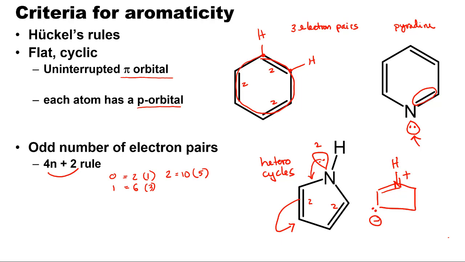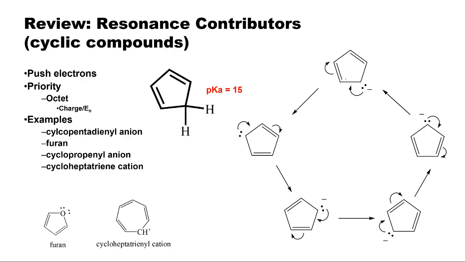And the general rule is if you can draw a resonance structure that contributes one electron pair, not two, one electron pair, then the system is aromatic or can be aromatic. So aromatic resonance structures are going to be important as we discuss mechanisms on benzene. And we discussed some of this before.